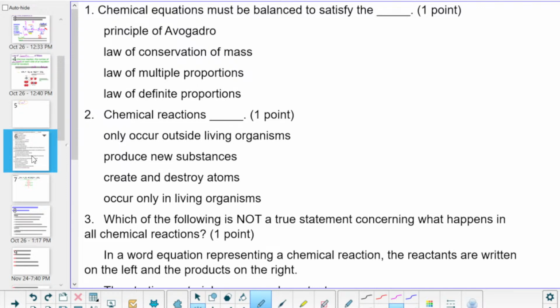Now, if I add HCl, chemical or physical change?